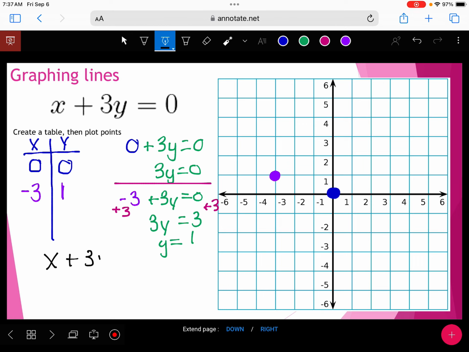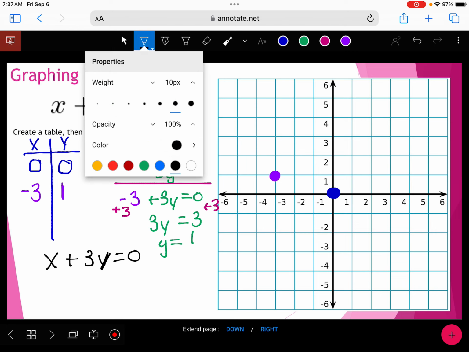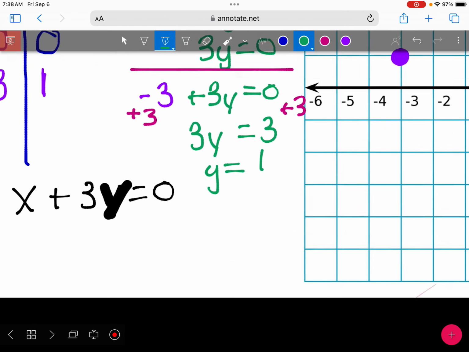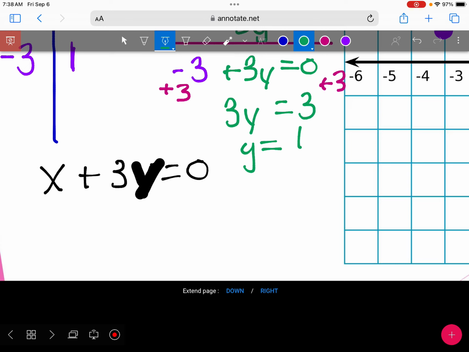x plus 3y equals 0. I'm going to solve this now and put it in slope-intercept form, which means I want to have my y by himself. What do I need to do to get my y all by himself? Minus x from both sides. That's going to give me 3y equals negative x, or 0 minus x.